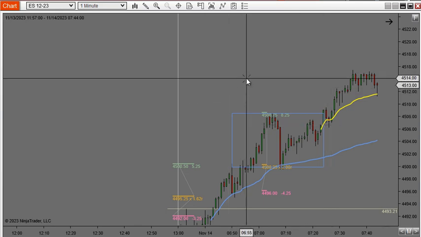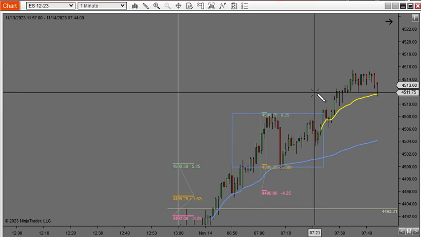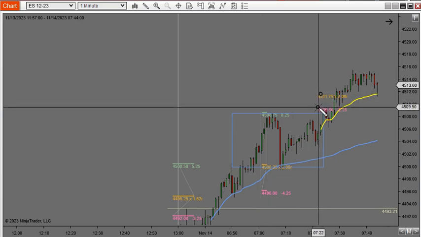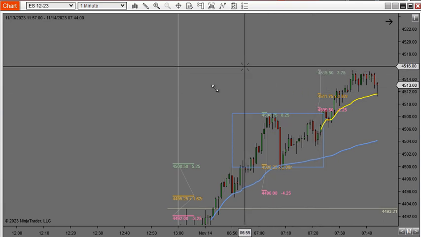Pullback, entry. Stop goes one tick below the previous lows, targeting the previous highs.